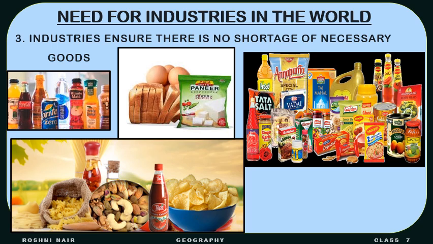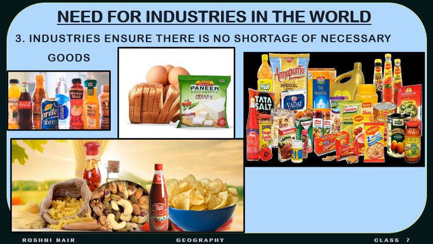Apart from our daily life necessary needs, I had already shown you the examples, from toothbrush to toothpaste, soap, and everything, the industries provide things which we need. For example, I can say food or juice or oil for that matter, even the ghee, anything. So apart from fulfilling our daily needs, industries also produce these products in sufficient quantity.